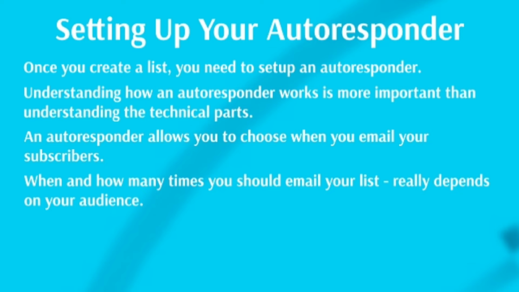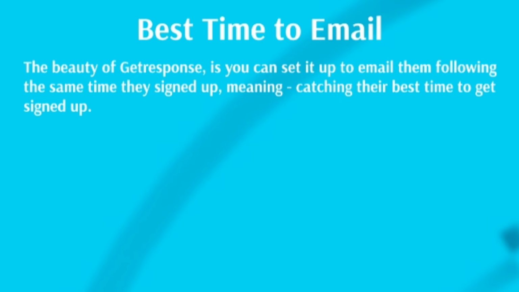If you've done the proper demographic research and you understand somebody's typical day and all of that, then understanding when is the best time to email them is actually quite easy. Now, the beauty of GetResponse is that you can set it up to email them following the same time that they signed up, meaning you can catch them at the best time.